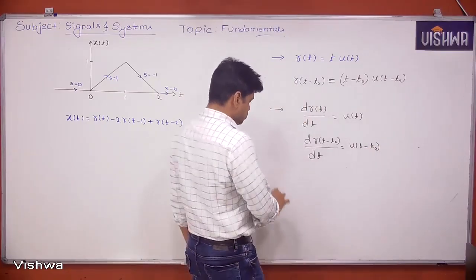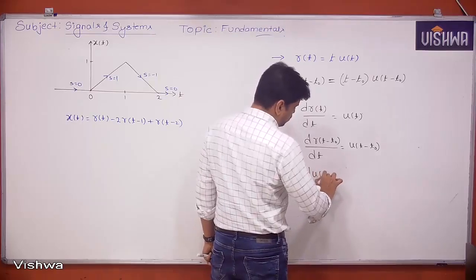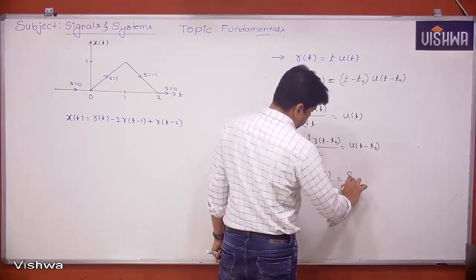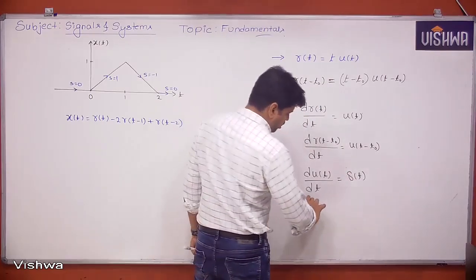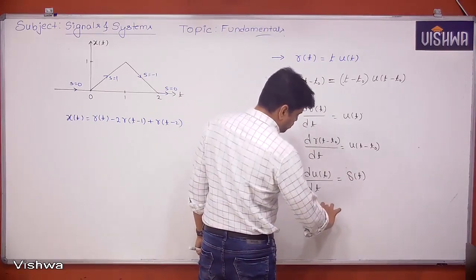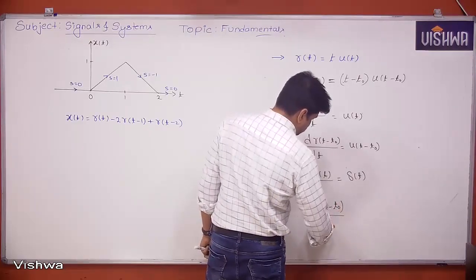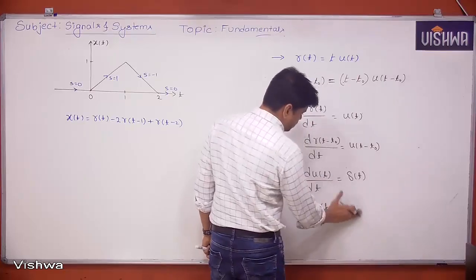Okay. Next, differentiation of u of t is delta t, we know this. In the similar manner, differentiation of u of t minus t naught by dt is delta t minus t naught.